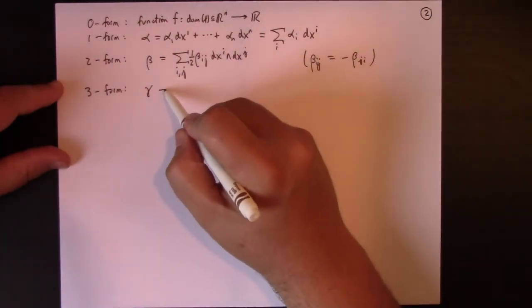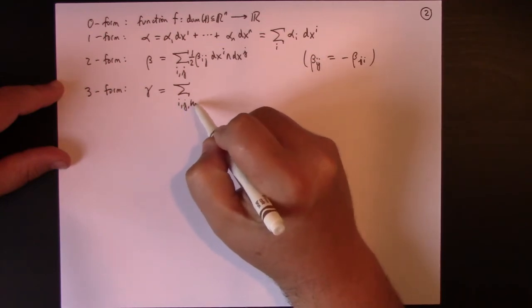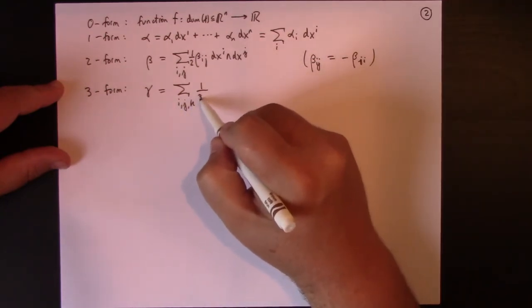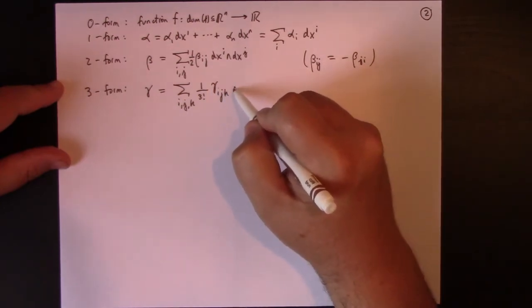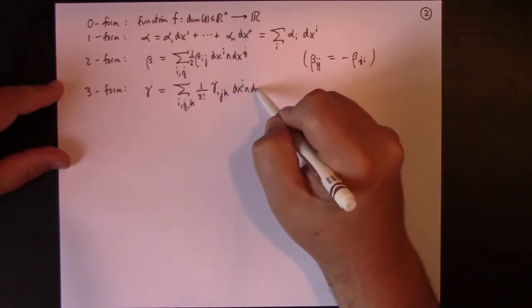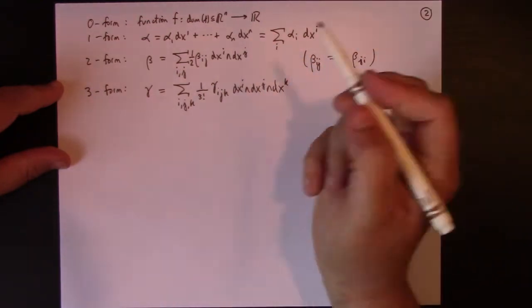The 3 form would be something like a sum over ijk, and then 1 over 3 factorial as it happens, gamma ijk, dxi wedge dxj wedge dxk, and then you see where this is going.